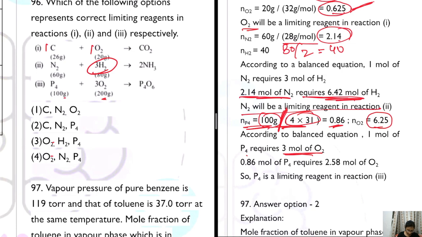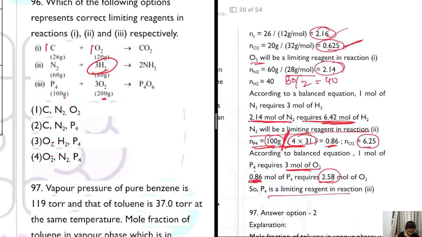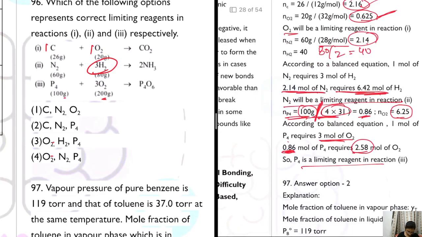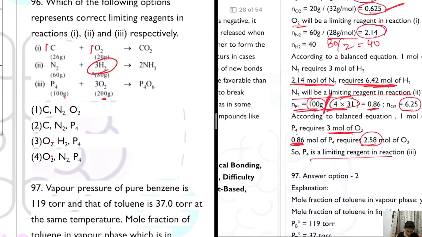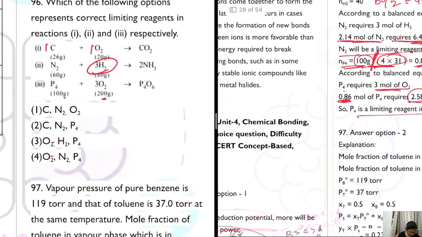You see? So 0.86 requires 2.85 of O2. P4 would be the limiting reagent. So what is the answer? Our answer is 4.